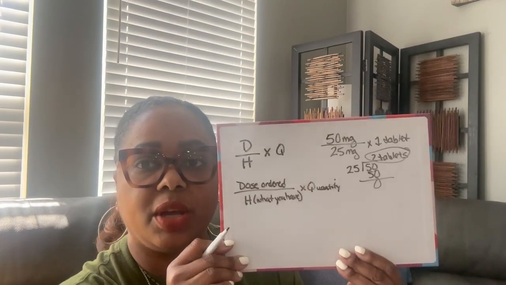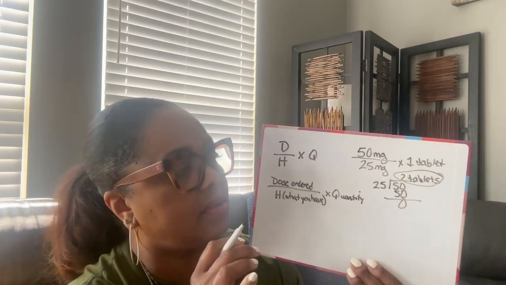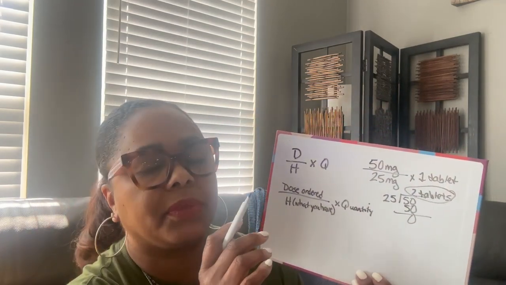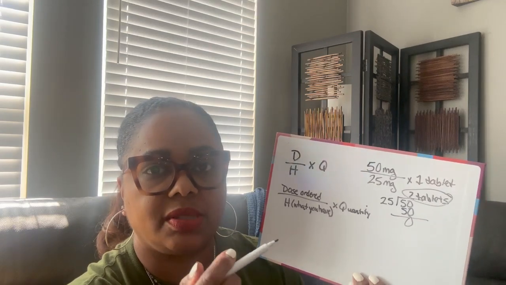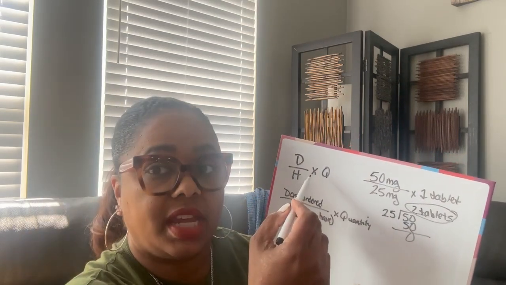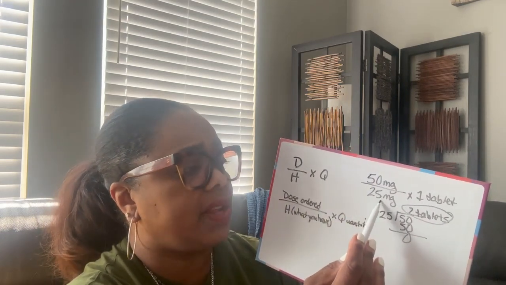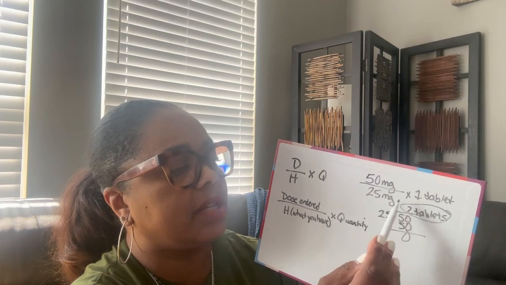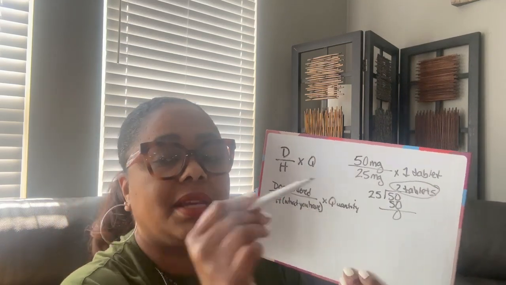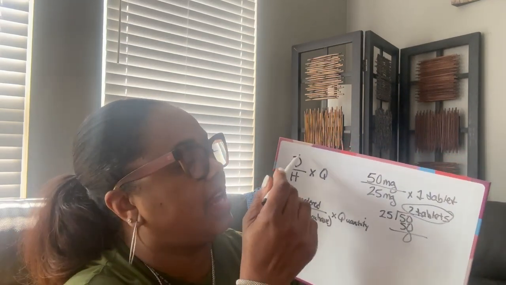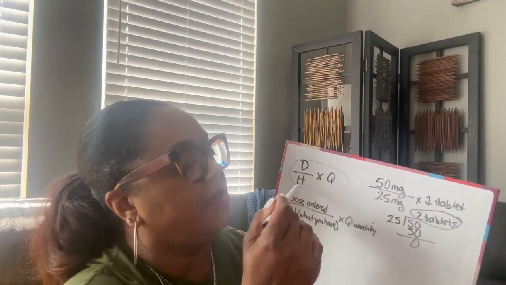So this is what you primarily use for pills. Also for IM injections, you will also see the same thing. Then the units would change. It might say 25 milligrams per milliliter because see, we're talking about liquid. So D over H times Q is what you're going to use a lot.